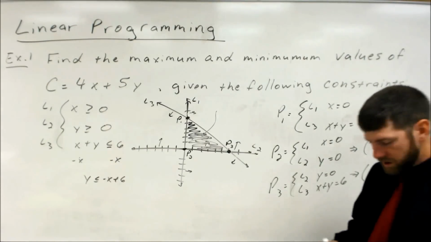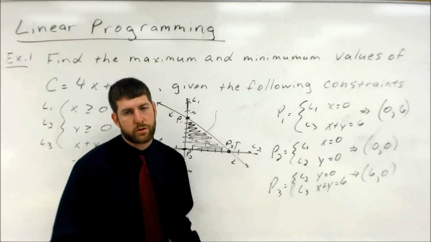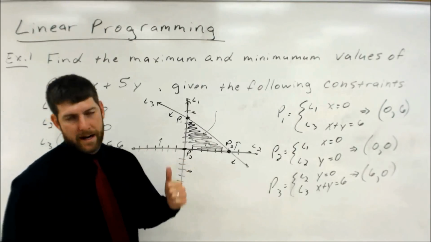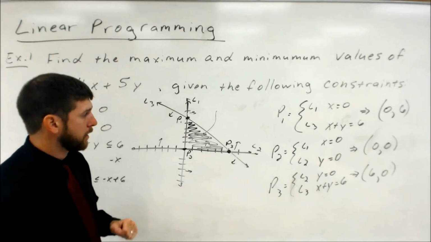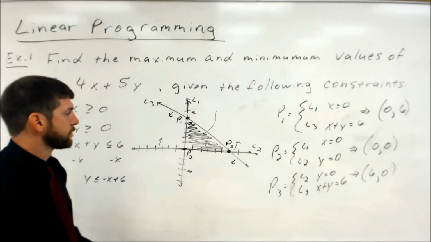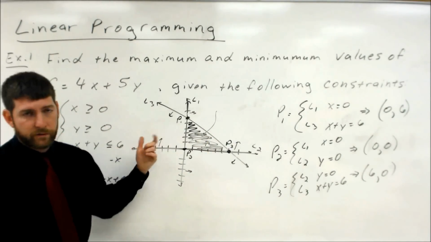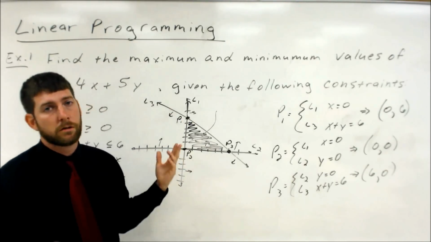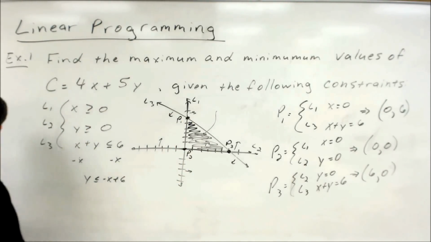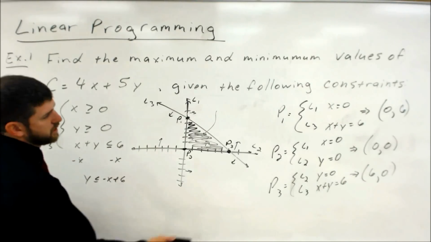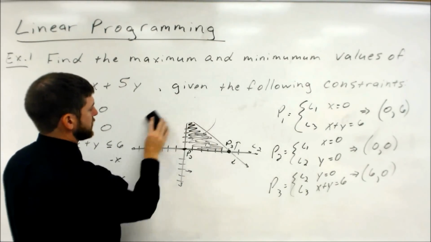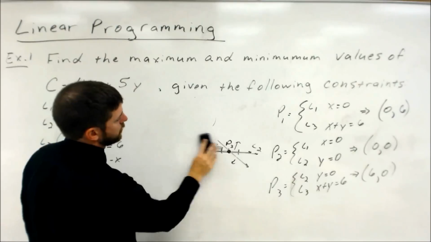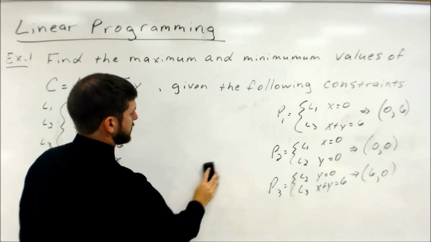So those are my 3 points. Those are the only possible answers that can give me a maximum or minimum value. So those are the vertices. We've identified the feasible region. That was step 1. We identified our vertices. That's step 2. Now we test them out. We see which of those is going to give us a maximum value, and which one's going to give us the minimum value.